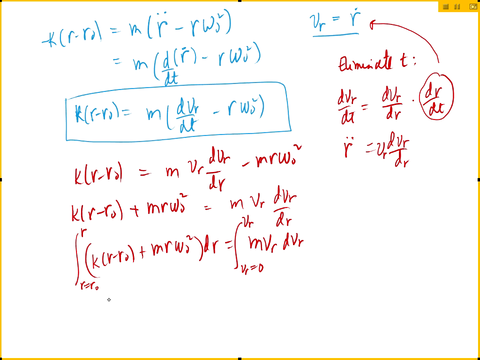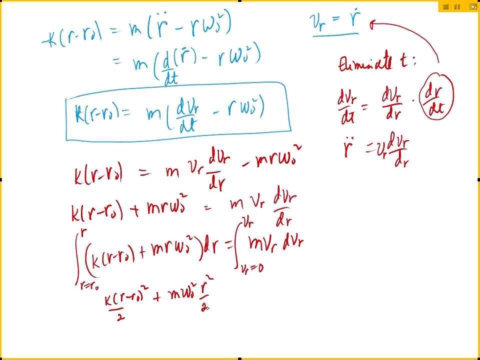So let's integrate the first one. What's the integral of k(r minus r naught)? It's (r minus r naught) squared over 2, plus, what's the integral of m r omega naught squared?